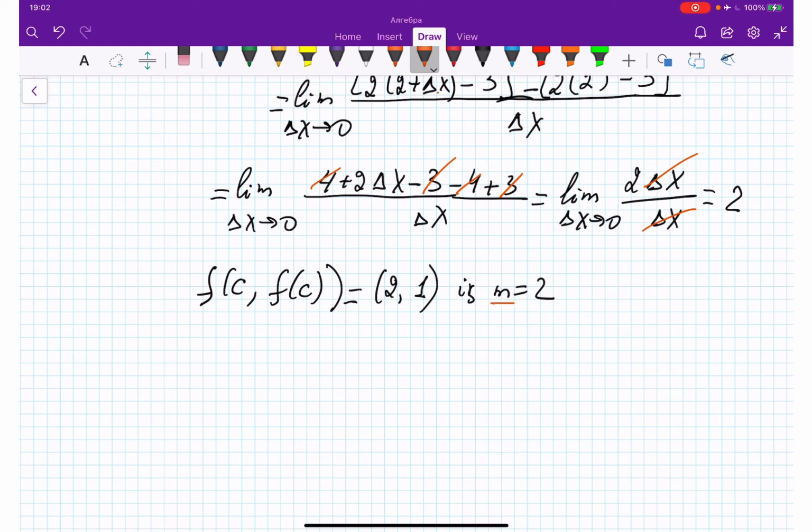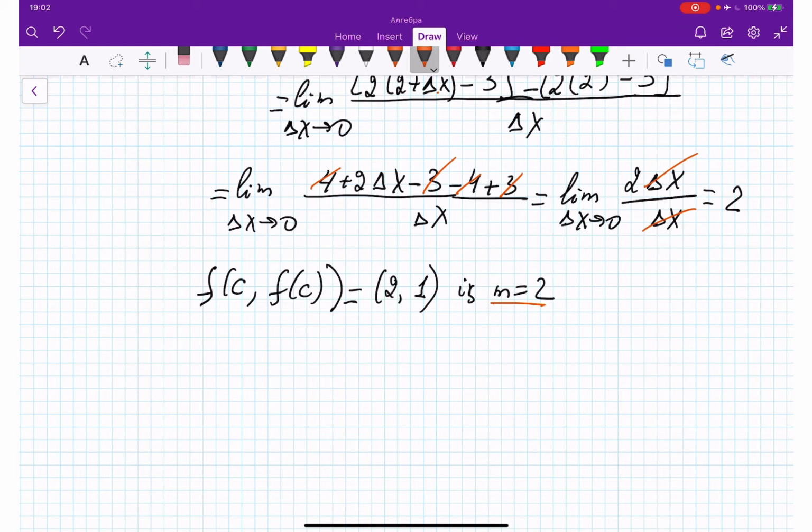Okay, m is equal to 2. So practically the limit definition of the slope of f agrees with the definition of the slope of a line.